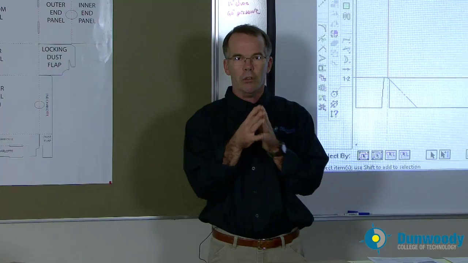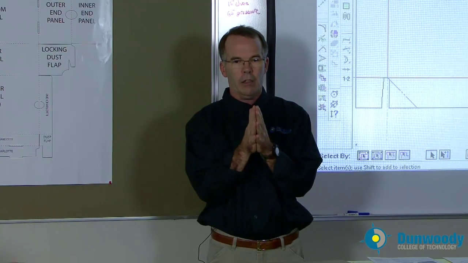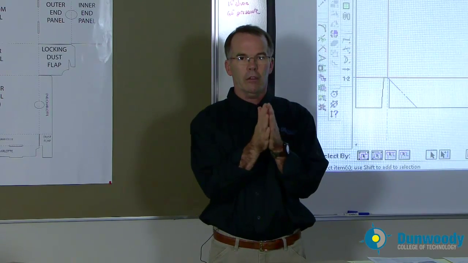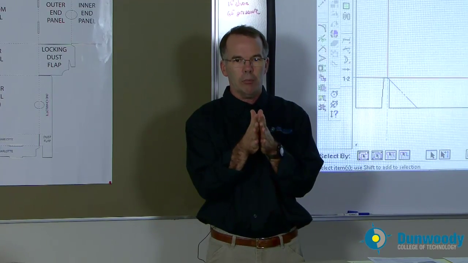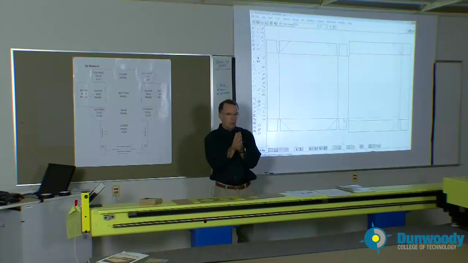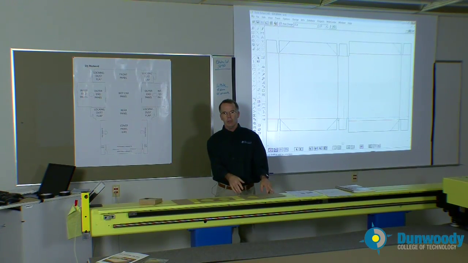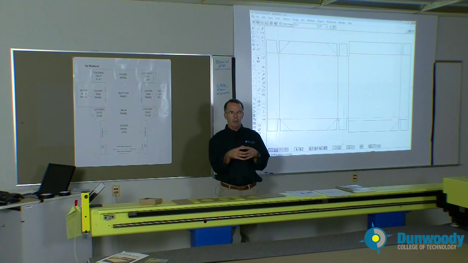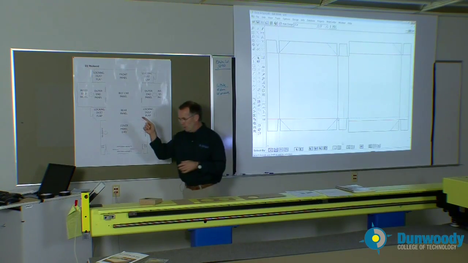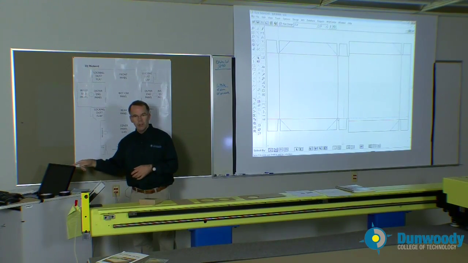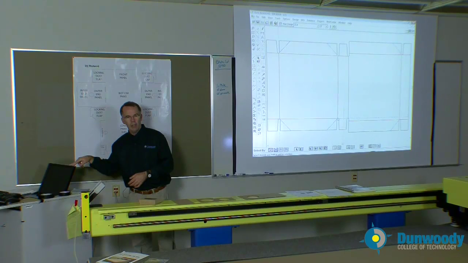So it will be important for everyone to take their ARD file and convert or export it to what's called an HBG file. And that HBG file is the language of our cutting table. And ultimately, we will send the HBG file from your laptop to a location available to this computer right here, and this computer drives the table.